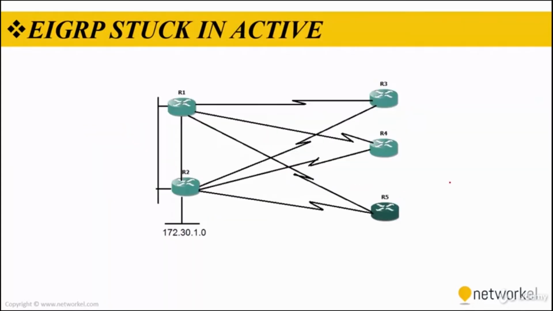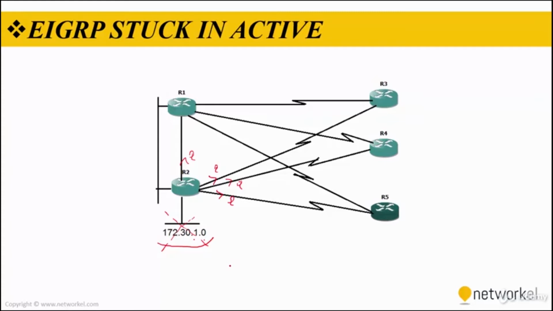And here is the EIGRP stuck in active. For example, let's say that this 1.0 network is down, guys, and there is no feasible successor. Then, as we talked about in our first slide, router 2 sends a query message over all its interfaces, which says, hey man, do you have any alternate path to the 1.0 network?